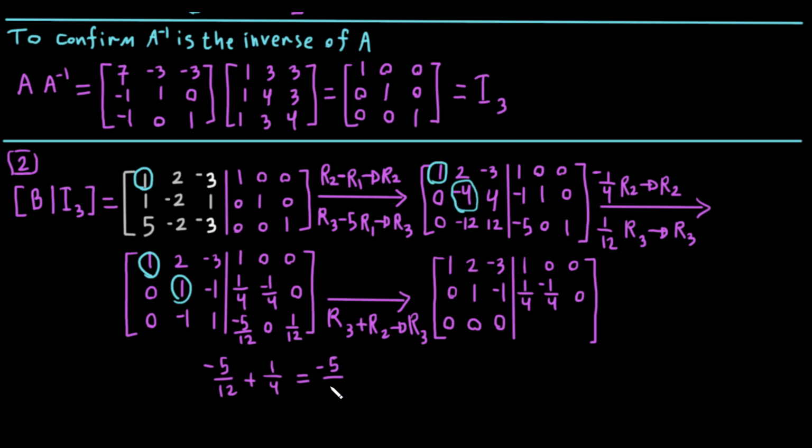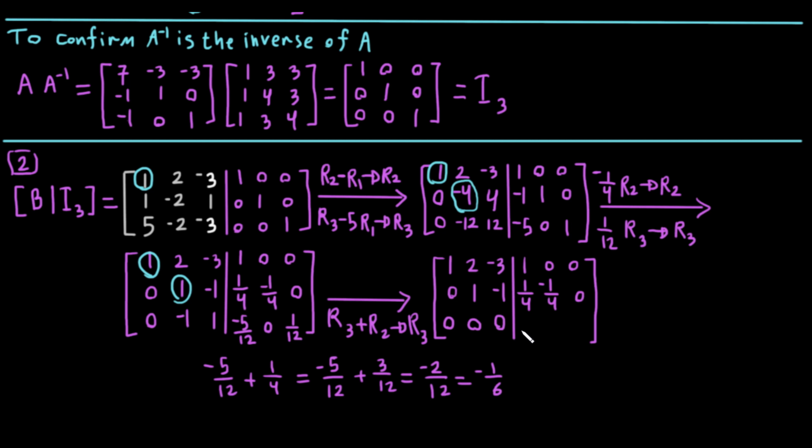Negative 5 over 12 plus, I will multiply here 3 and here 3, so it will be 3 over 12, which is negative 5 plus 3, which is negative 2 over 12. If we divide here by 2 and here by 2, then it will be 1 over 6.